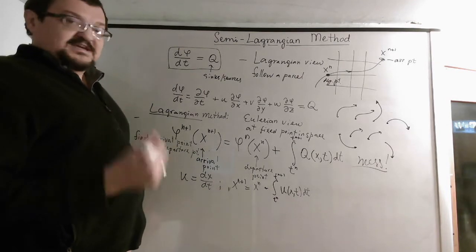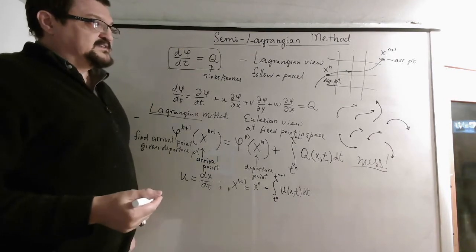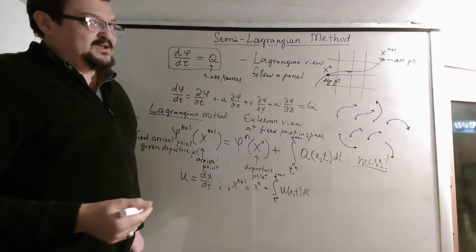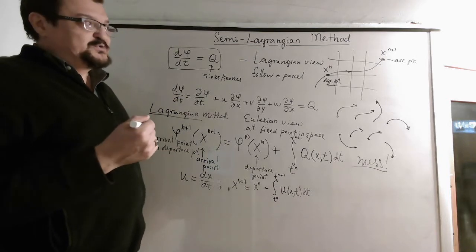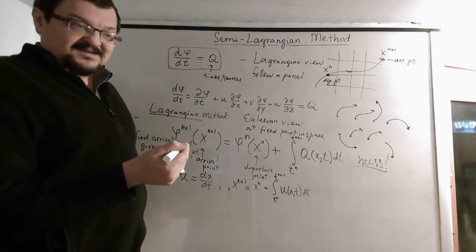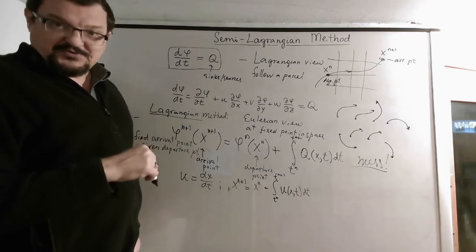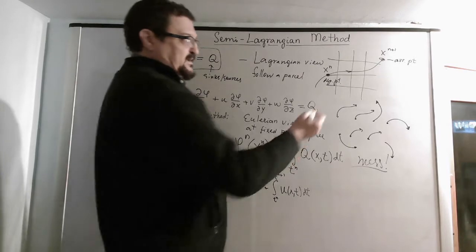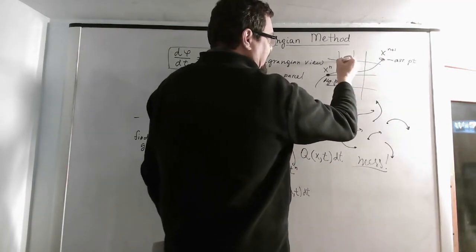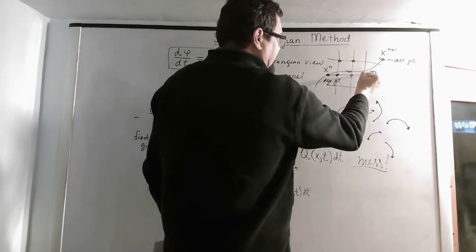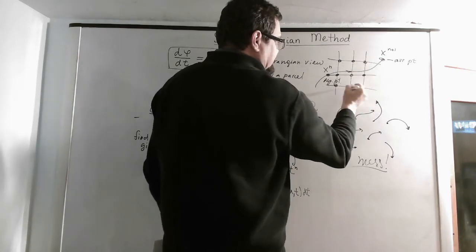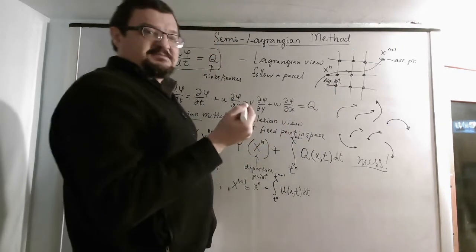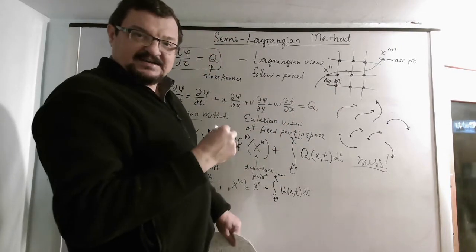So what can you use? Instead of finding the arrival point, why don't you use the arrival point and find the departure point for it? What's the advantage? Your arrival points are then the points on your regular grid, and you find the departure point by reversing time.